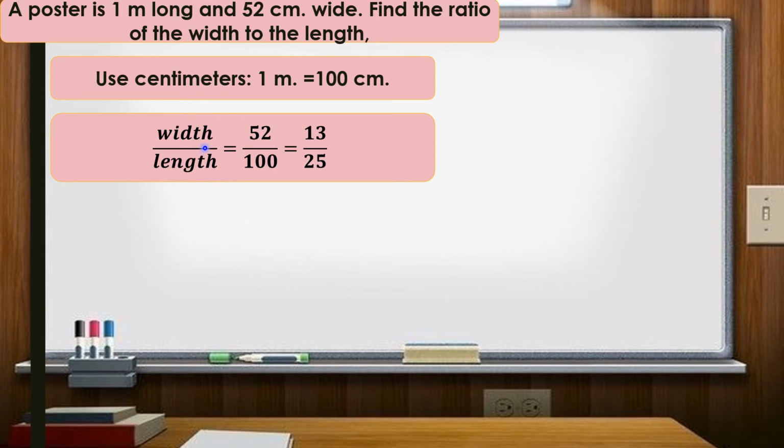The ratio of width to length is 52 over 100, which equals 13 over 25. Teacher, why does the length become 100 centimeters? We need to change 1 meter into 100 centimeters so that we have the same units, centimeter and centimeter. Then we simplify 52 over 100 into 13 over 25.